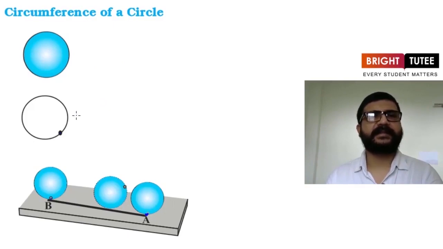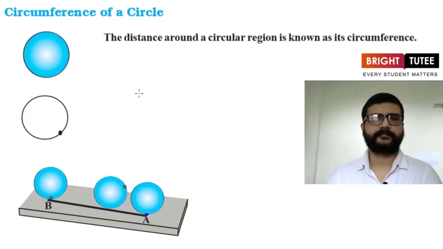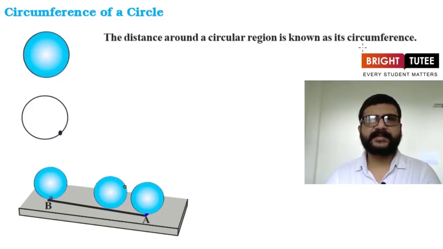So here we have seen circumference of a circle is the distance around the circular region. We have just seen the distance around a circular region is known as its circumference, and how to measure that distance. Now do we always have to perform this activity?